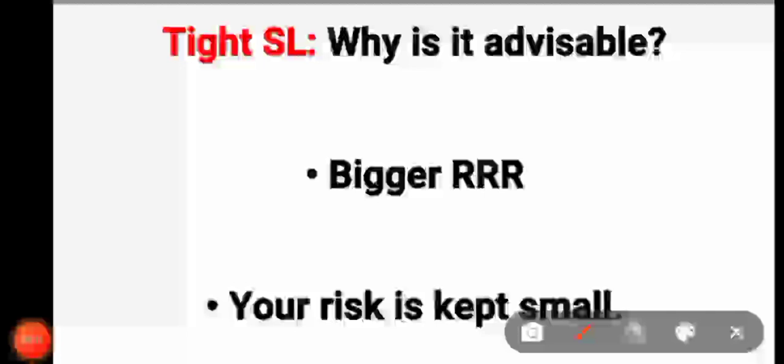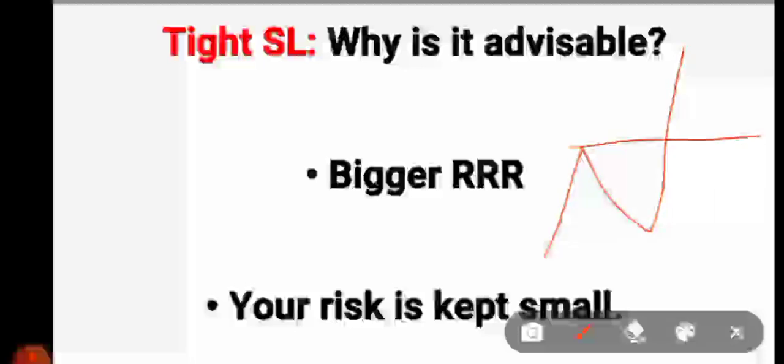Let me explain it using this simple diagram. Remember, all we're doing here is catching the wave, so let me stick to it. We have this market condition now, and the market is pulling back. When you see this pullback, I get into the market after a confirmation around here, and then I place a stop loss here. Let's say this is 10 pips from entry to stop loss.